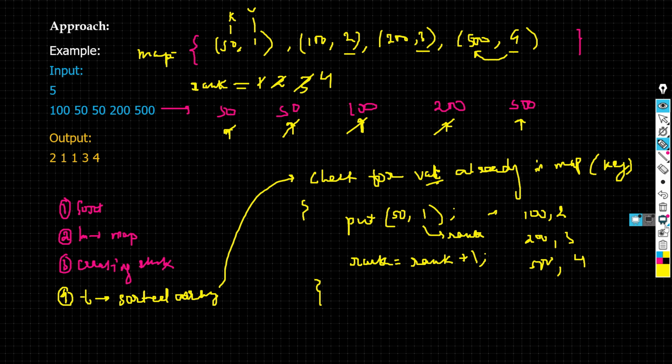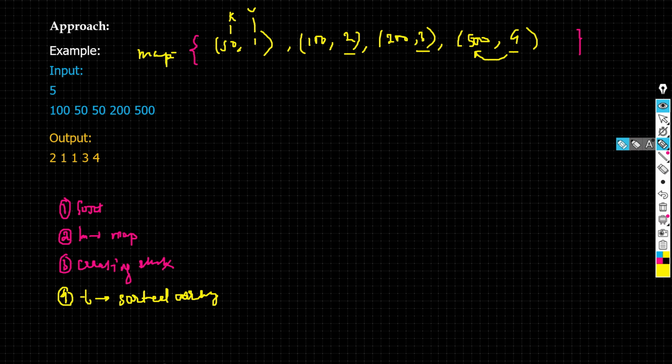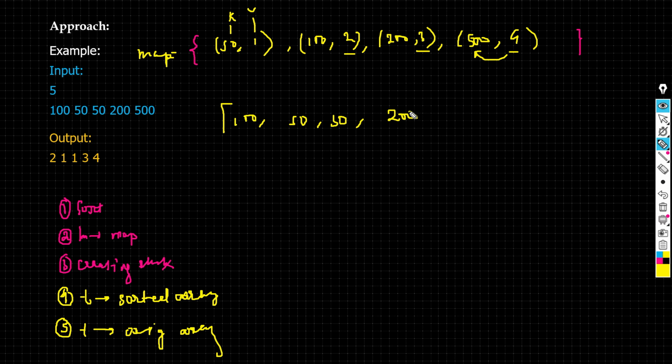Now the fifth step is, let's erase these first. Okay, fine. Now the fifth step is traversing the original array. We are going to traverse the original array, that is 100, 50, 50, 200 and 500.